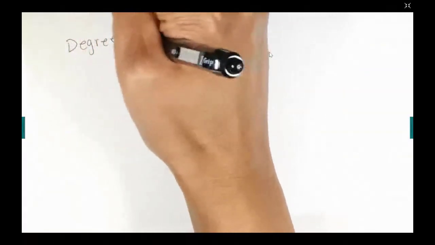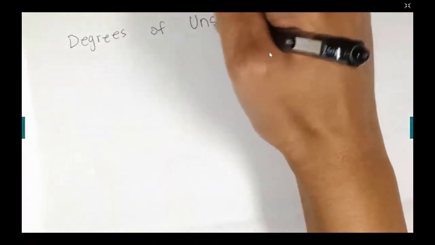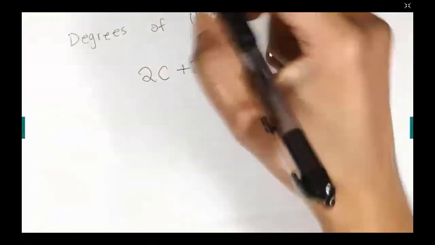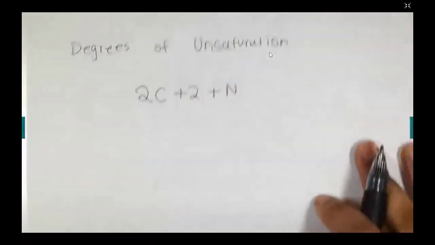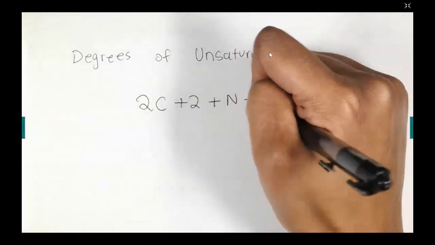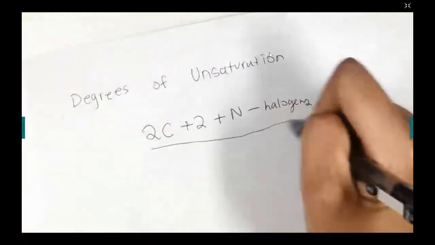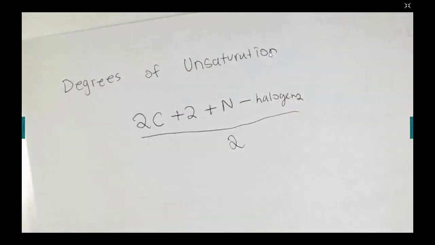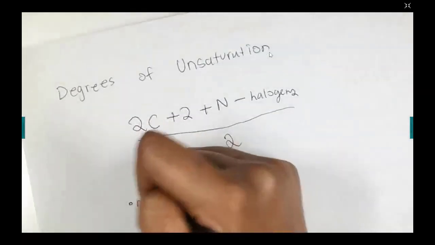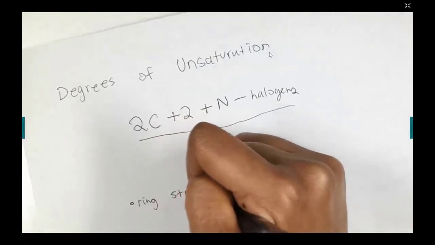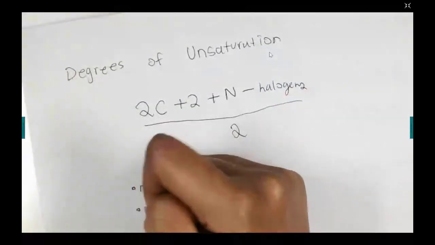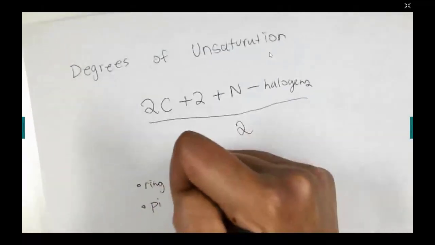But just as a review, degrees of unsaturation are calculated using the formula: double the number of carbons, so 2C plus 2, plus the number of nitrogens, and minus your halogens, right, over 2. And so that number that you get indicates the number of degrees of unsaturation you have. Those degrees of unsaturation encompass, first of all, ring structures and also pi bonds.